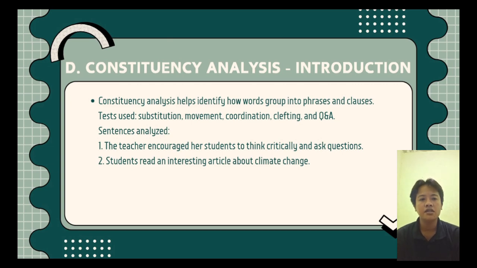And the second sentence was: a student read an interesting article about climate change. Here, substitution showed that an interesting article about climate change is a noun phrase. Movement showed that about climate change can move in the sentence. Clefting also supported that it is one full unit.